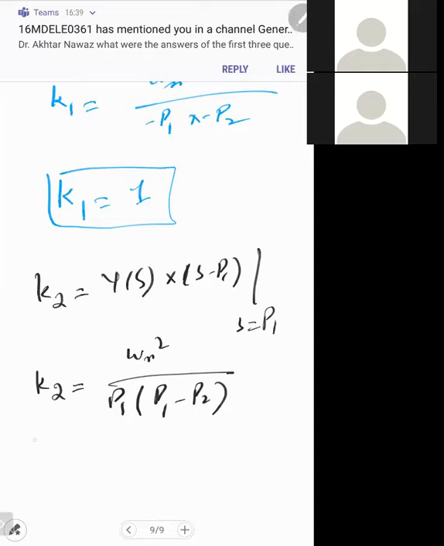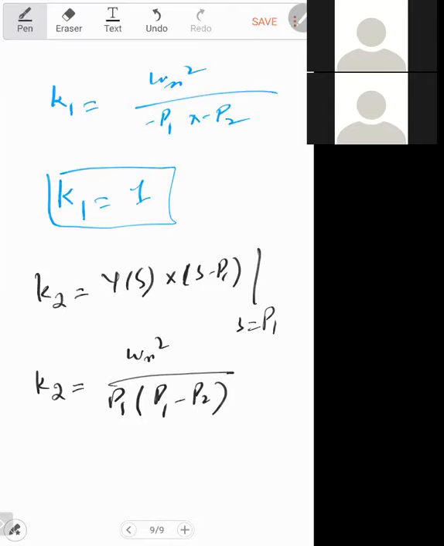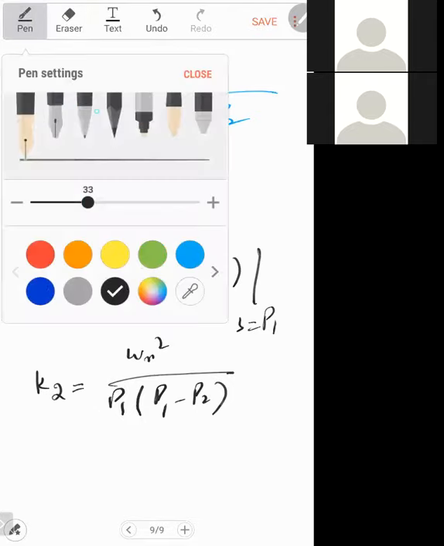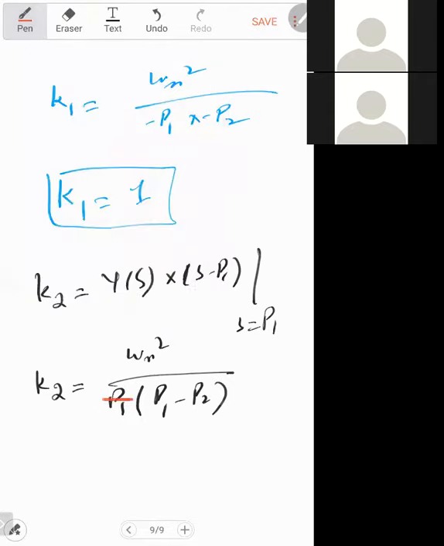Similarly, for K2 you can multiply the numerator and denominator with P2. Why? Because we know that P1 times P2 is equal to omega n square.